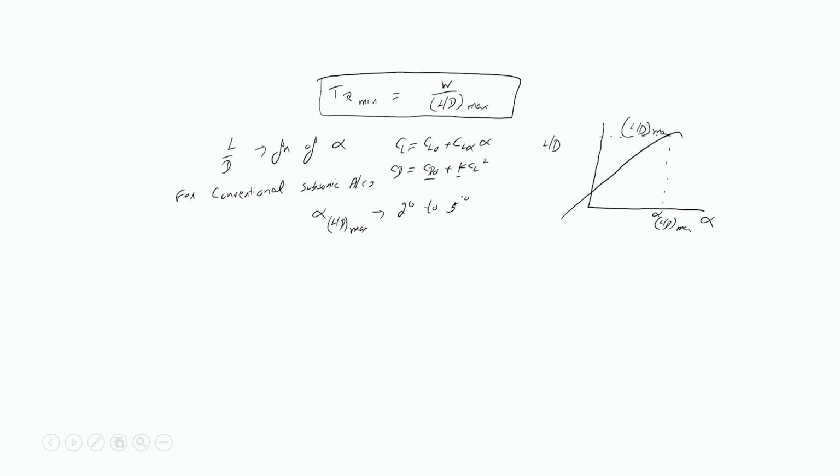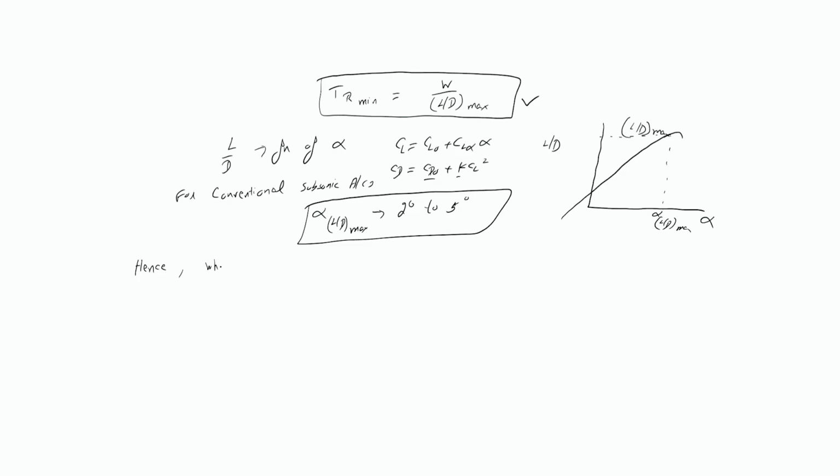So whenever the aircraft is flying at a velocity for which thrust required is minimum, it is simultaneously flying at an angle of attack at which L by D is maximum. Let me write here so that you can make a note of it.